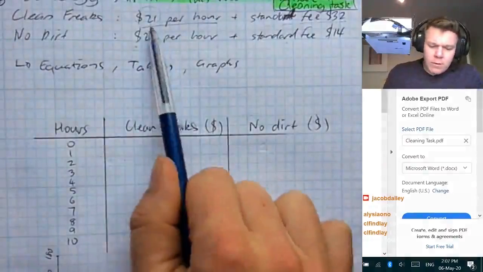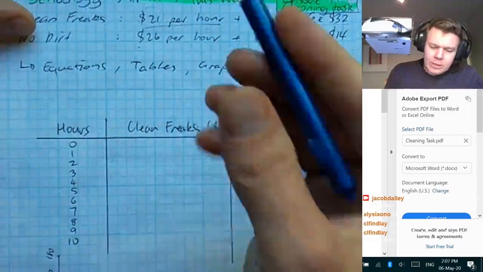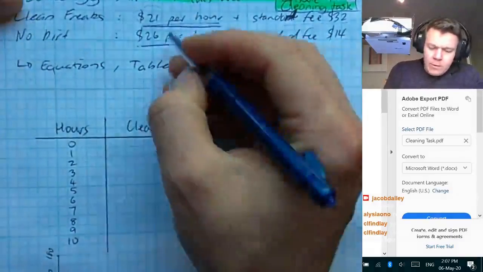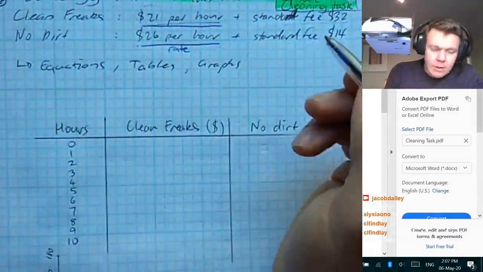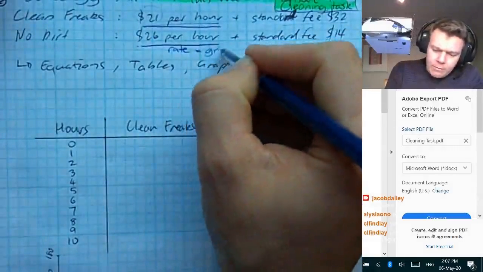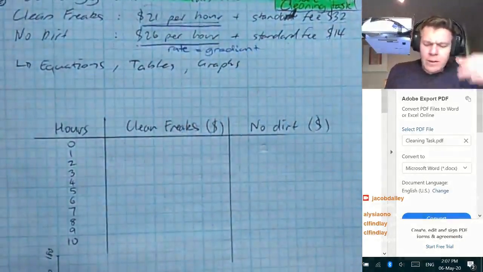So one thing that you need to understand with linear equations is that the rate is essentially your gradient. So just keep that in the back of your mind.